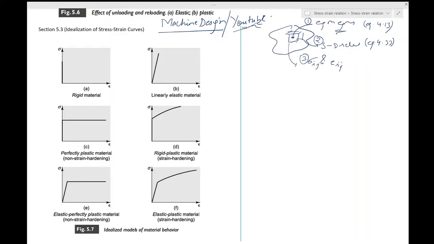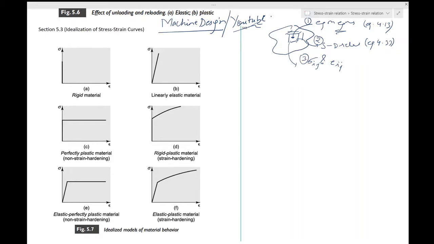From the foregoing discussion of the tensile test, it is evident that different materials often have quite dissimilar stress strain relations. Glass was behaving in a different way than steel, than cast iron, than the polymer. So the material behavior is very different.